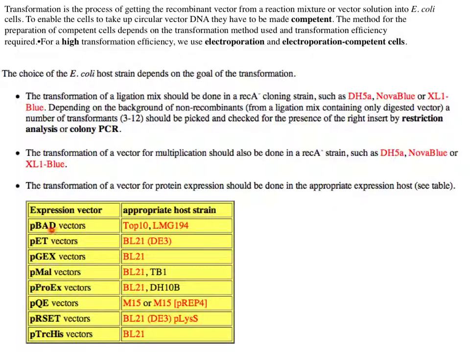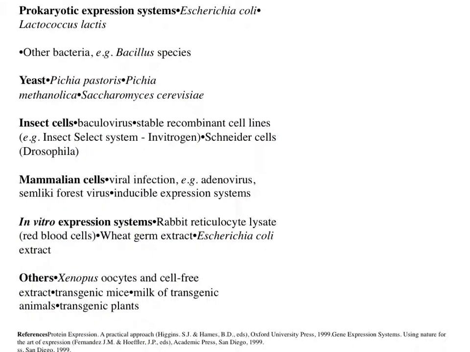So here's a pBAD, PET, PMAL. Some of you have seen this before, and you'll see this again in many of the papers, and then here are the appropriate host strains. So there are different expression systems, as we've discussed. You have E. coli, but there's Lactococcus lactis, Bacillus, and yeast. We discussed Pichia pastoris and Saccharomyces cerevisiae. You also have Pichia methanolica.